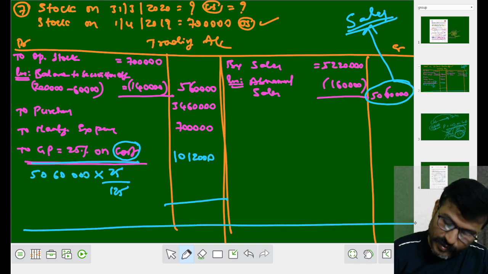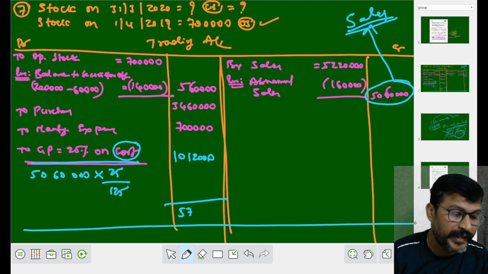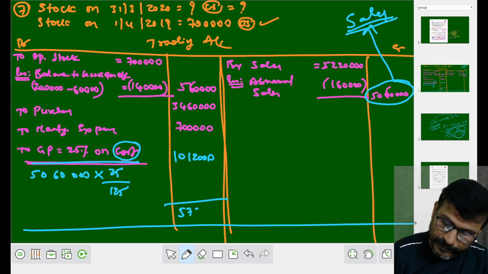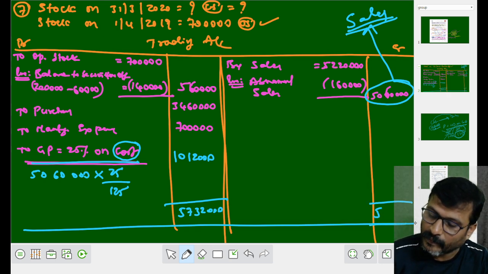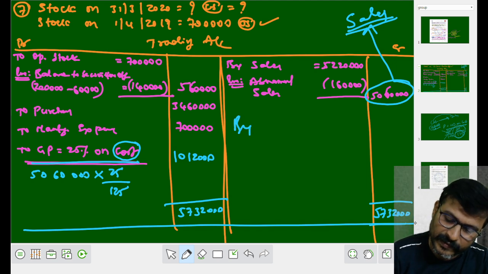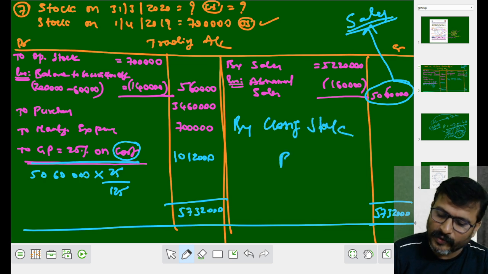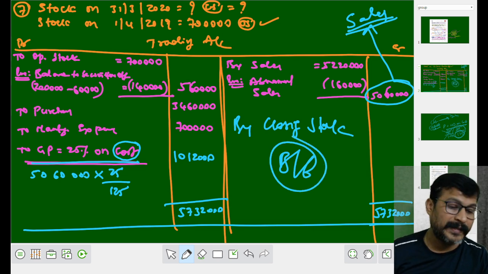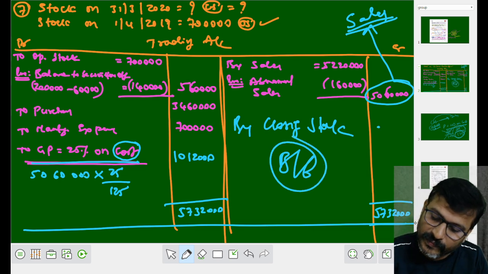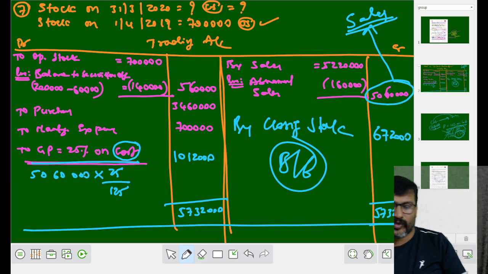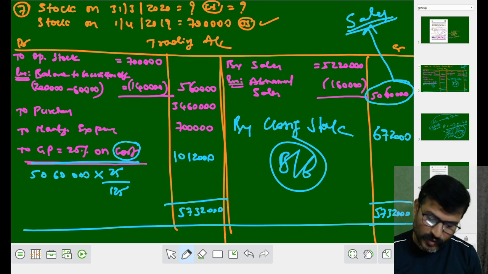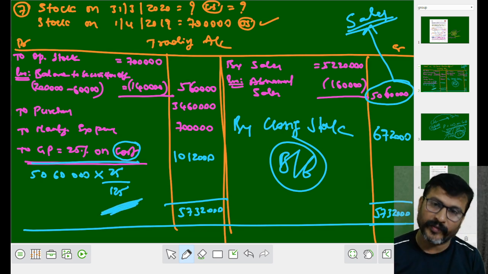The total comes to 57 lakh 32,000. The difference, by closing stock as a balancing figure, comes to 6,72,000. My dear student, did you understand why Sudhakara took 25 by 125?